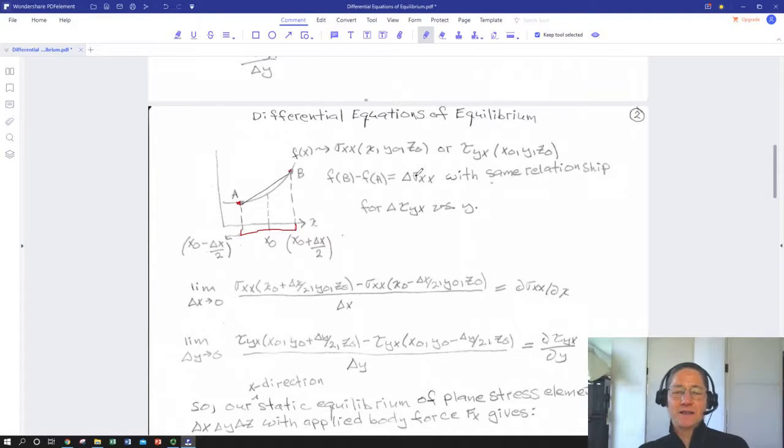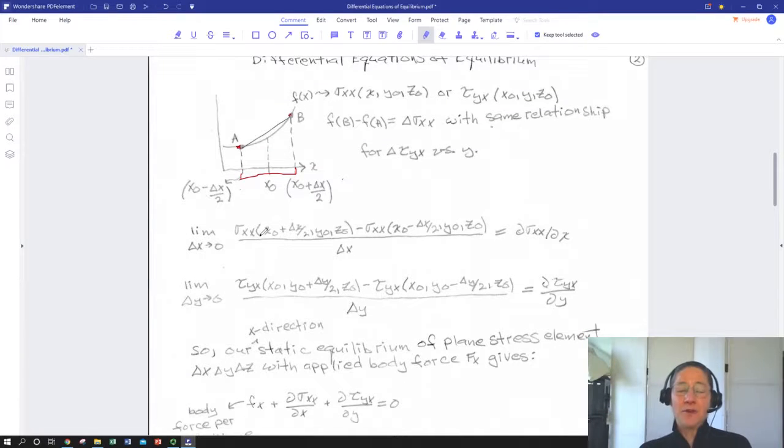So basically this is the same as saying x0 here and x0 plus delta x here, and looking at the function value differences separated by a delta x on our independent variable axis.